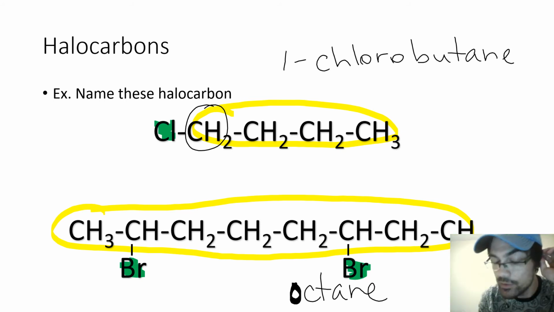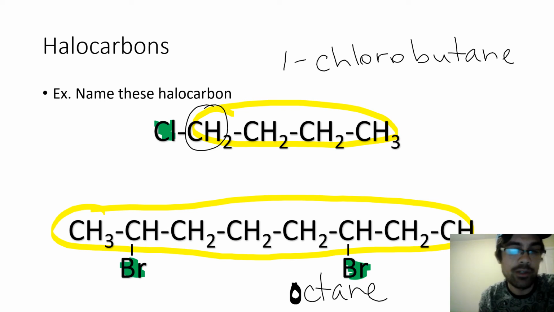And obviously, you should notice that there's 2 of them, but basically all we're going to do for something like this is use the di, tri, quad, or tetra, and stuff like that. So in this case, we'll first indicate which number carbon they're on, and that is right here, that's carbon 2, and right here is carbon 6.